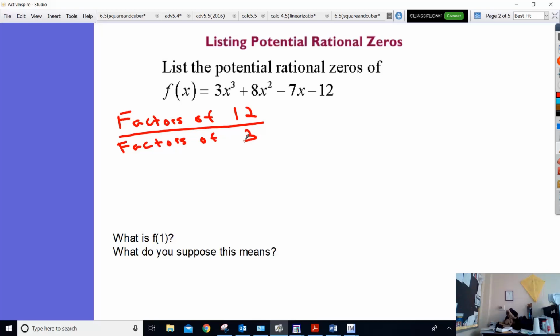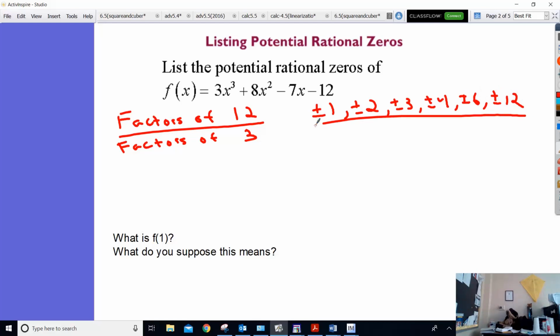Now, you just got to think to yourself what the factors of 12 are. It's 1 and 12, right? 2 and 6. What else? 3 and 4. And it could be a positive 1, a positive 12, or a negative 1, or a negative 12. So we use a plus or minus. We have plus or minus 1, plus or minus 2, plus or minus 3, plus or minus 4, plus or minus 6, and plus or minus 12.